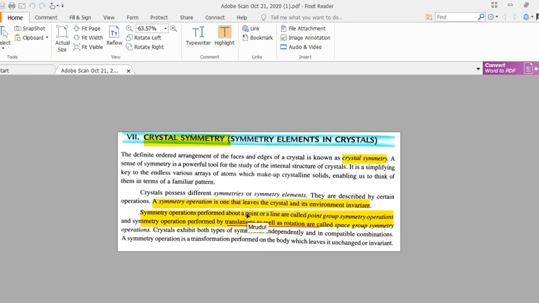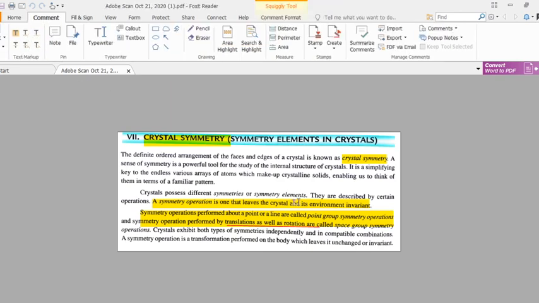Meaning, keeping one point in the crystal in mind, you apply different kinds of operations. So when you apply any kind of operation on your crystalline system with reference to a point, or maybe a line, it is called point group symmetry, when you do some operation about a point within a crystal.